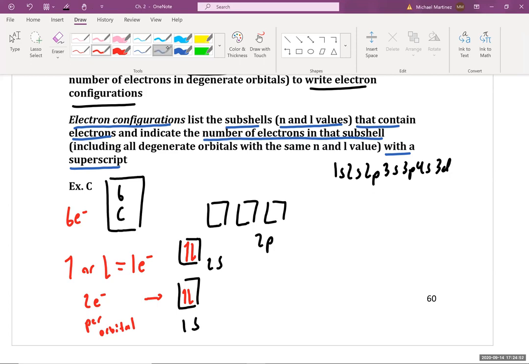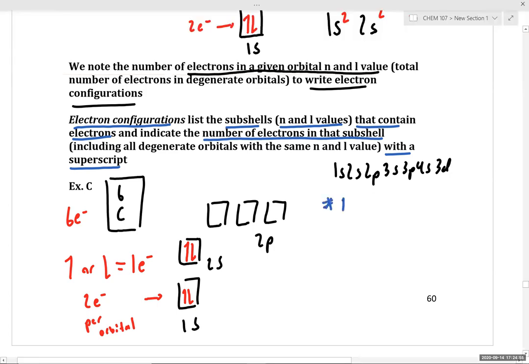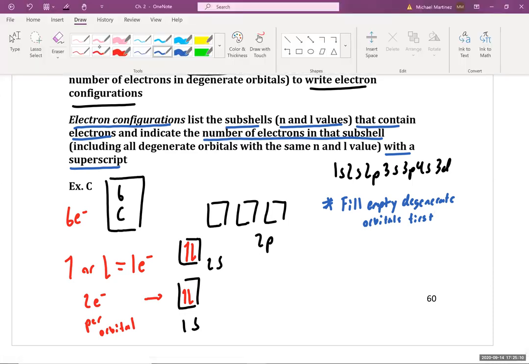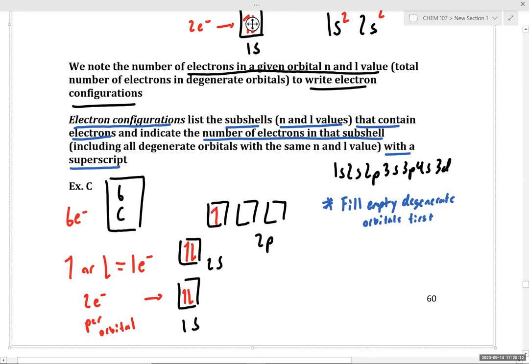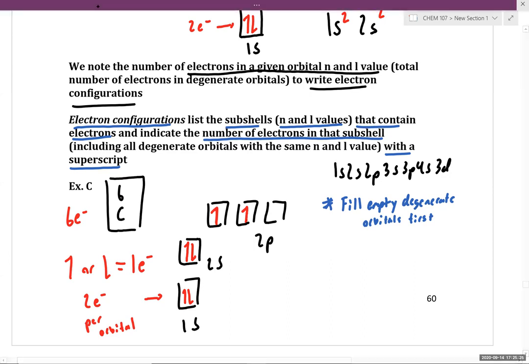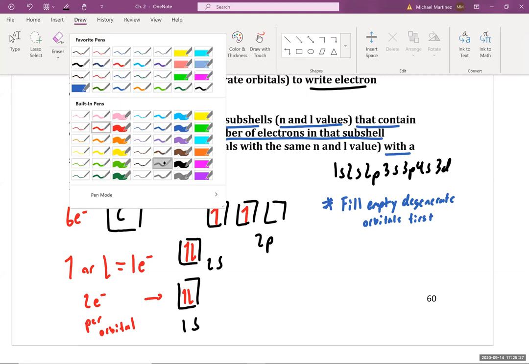And as a general rule, you fill your empty degenerate orbitals first. So based on that, we put 1 electron in one of our 2p orbitals, and we put our second electron in our empty 2p orbital. We'll talk more about this rule in a moment.